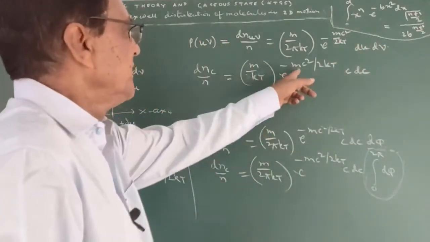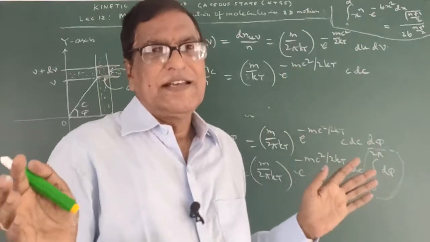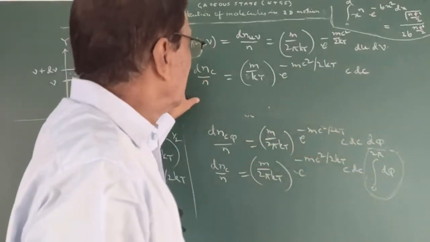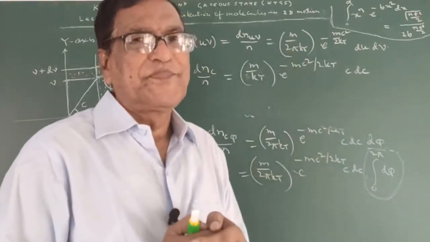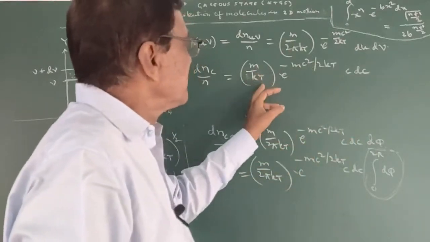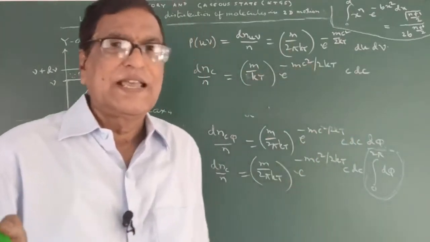T the temperature, m the molecular mass. So this speed distribution depends on the temperature and the molecular mass of this gas.